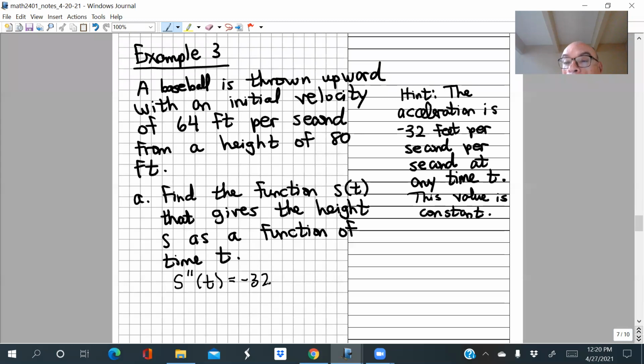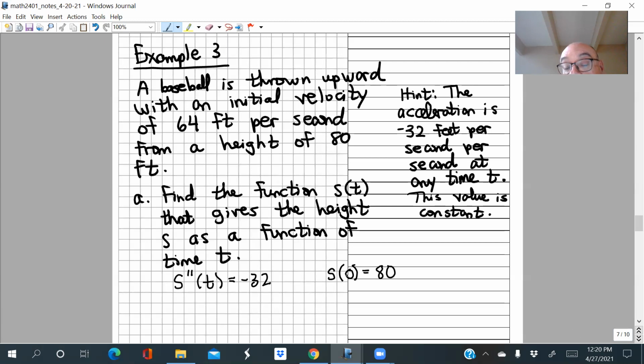Now, Van, we know a little bit else about this function s. I want to write it down because we also know the initial height of the baseball. What were we given? 80 feet. Initial means at time 0. So when t was 0, the height was 80.